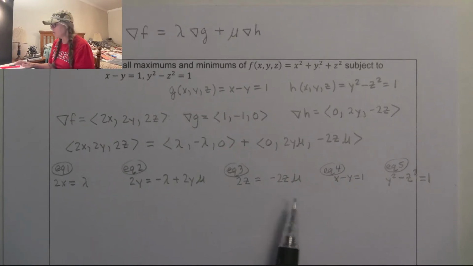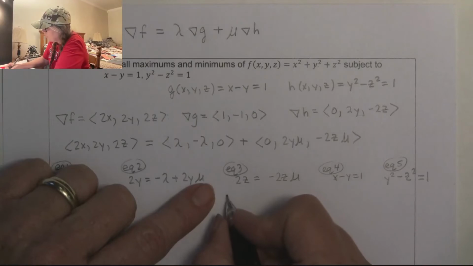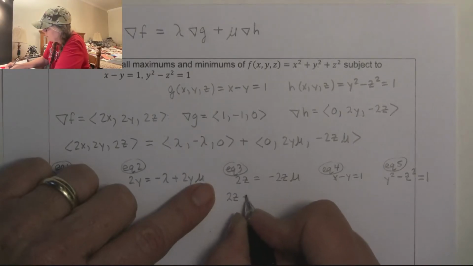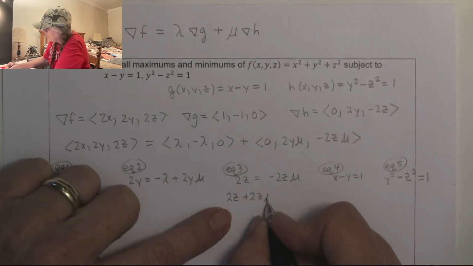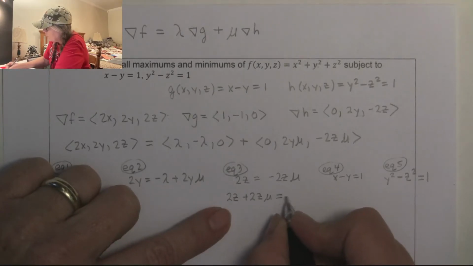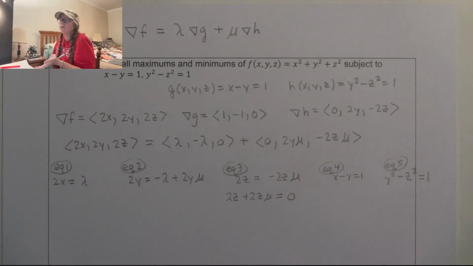And actually, did you notice I can actually solve for z? Because this would be 2z plus 2z mu. If you're thinking divide by 2z, when you divide by the variable you're trying to solve for, you lose a solution. So dividing by the variable you're trying to solve for is not a good idea.